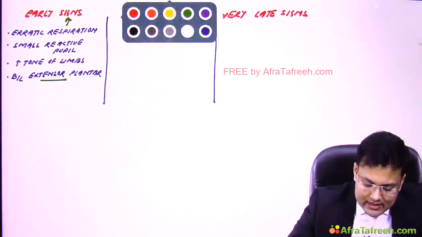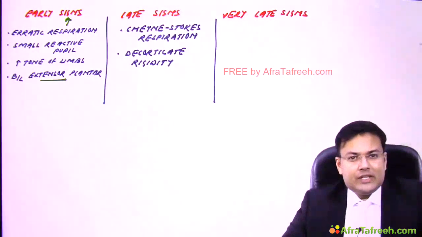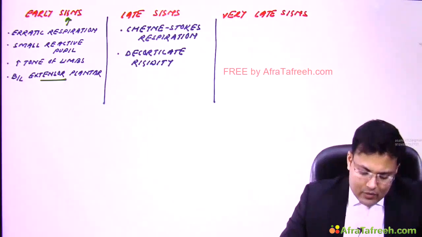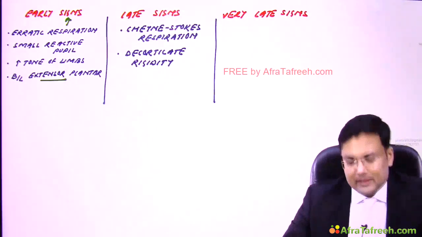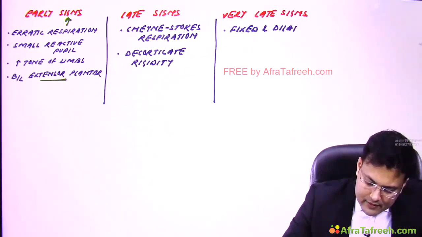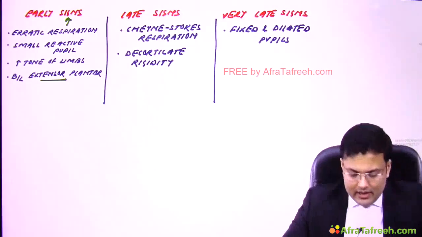Now see the late signs: Cheyne-Stokes respiration and decorticate rigidity. These are the late signs. And what are the very late signs? Here the patients develop fixed and dilated pupils. Clear?